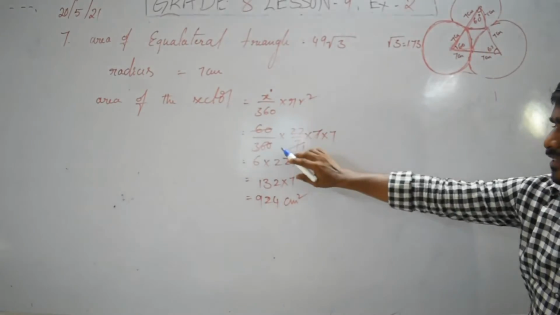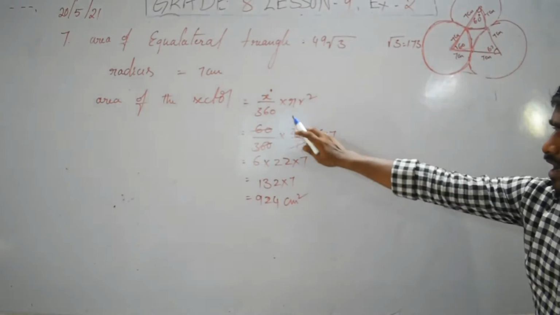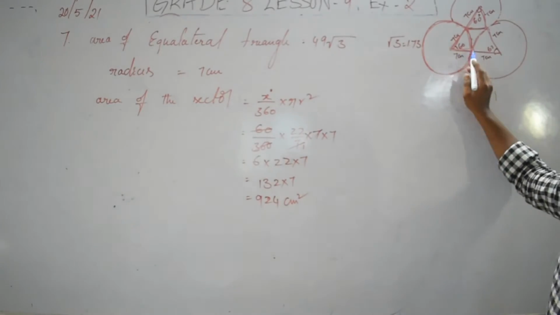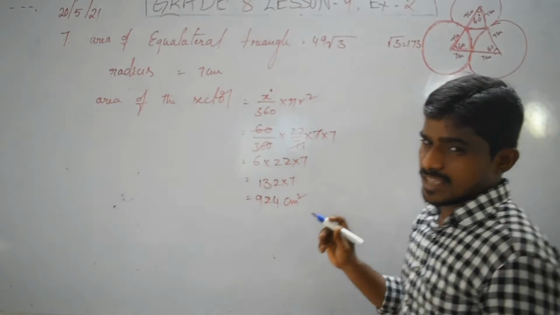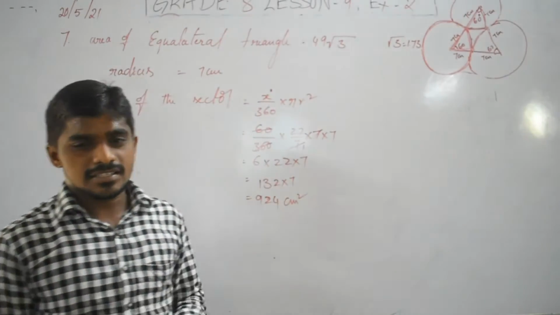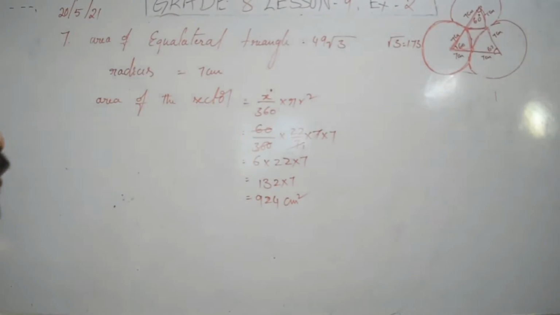So 60 by 360. Normally the area of the circle is pi r square. So 60 by 360 times 22 by 7. R value 7, so 7 into 7.